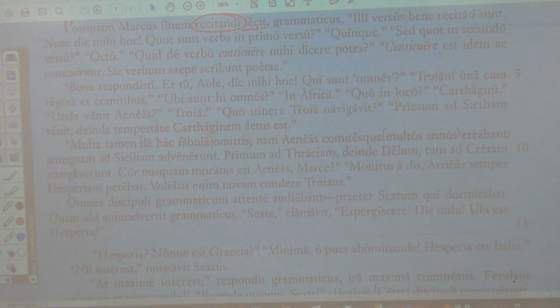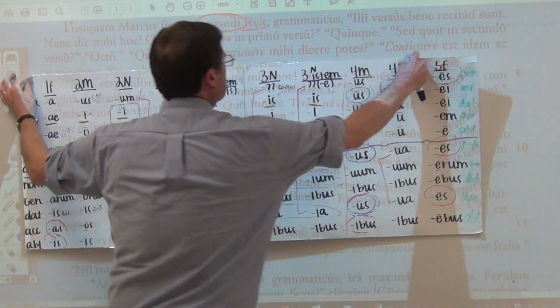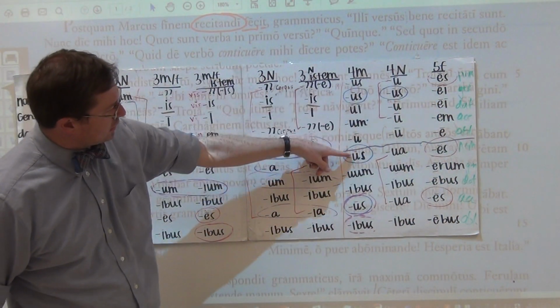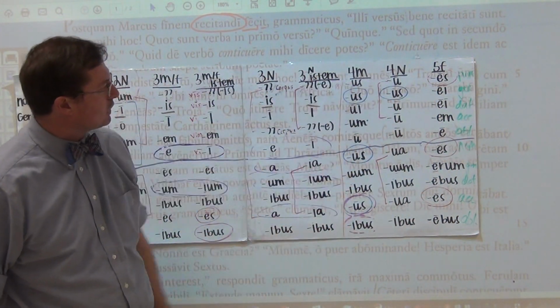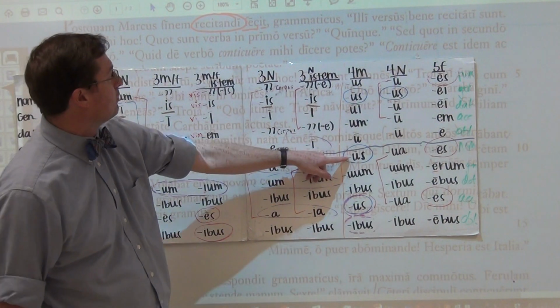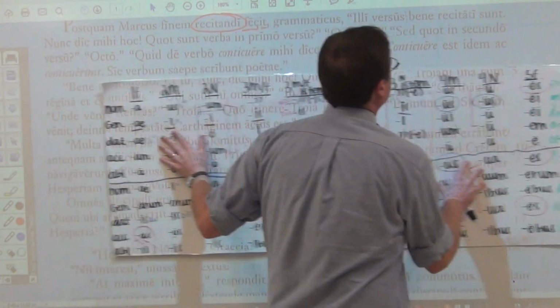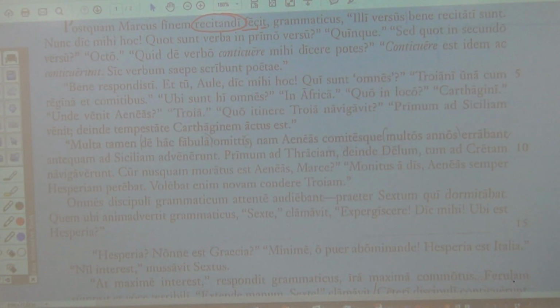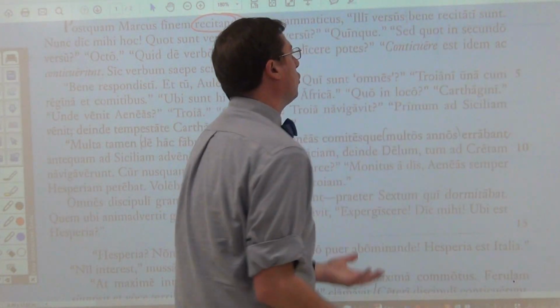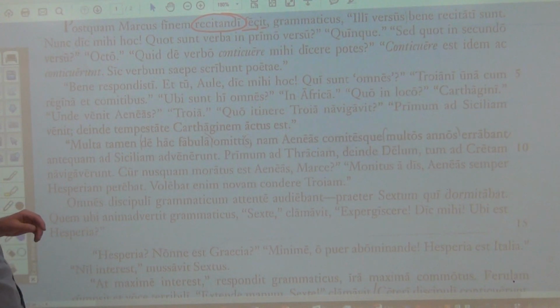Because it's modified by illi, versus, as you should be aware, is going to have one of the three endings with long us of the fourth declension, and it is that one right there, nominative plural, because it is functioning as the subject. Those verses, bene recitati sunt, have been, were recited well, perfect and passive.